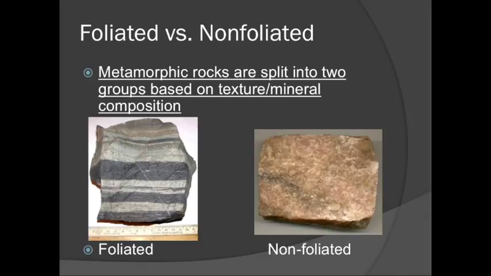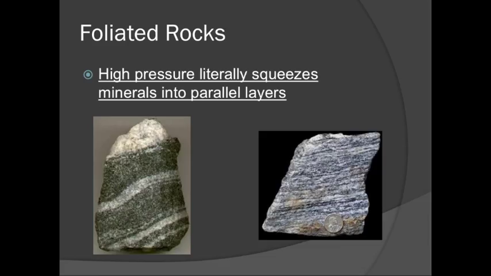If you think about foliated versus non-foliated, these are the two groups that we're going to break our metamorphic rocks down into. It's based on texture and also mineral composition. Let's first take a look at foliated rocks. In this case, the high pressure literally squeezes all of these minerals into parallel layers.